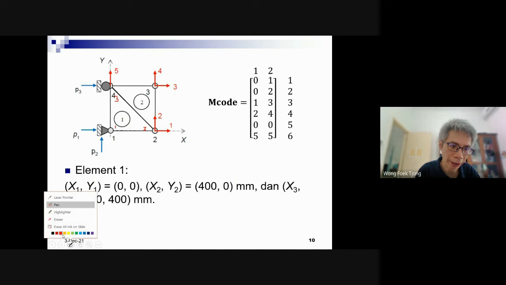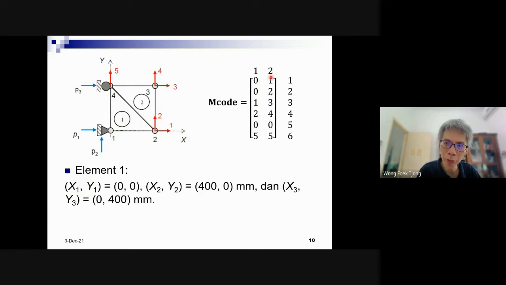So the mapping between the global and local numbering for element number 1 at degrees of freedom number 1 is 0, 0 because inactive, right? At node number 2, 1, 2. At node number 3, local 3, we have 0 and 5.